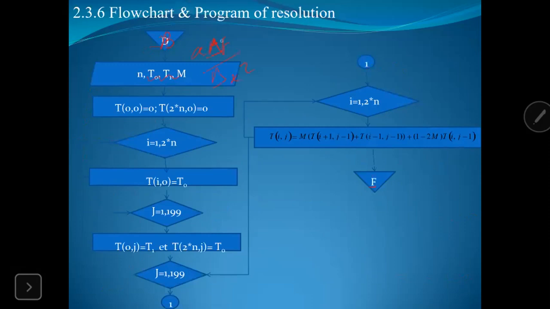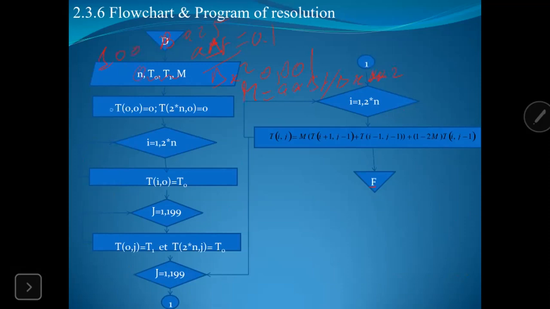We enter alpha, the diffusivity, for example 0.25, delta T step 0.1, for example, and delta X 0.001, for example. We determine M equal alpha times delta T over delta X to the power 2. I give N a big value, which is 100.